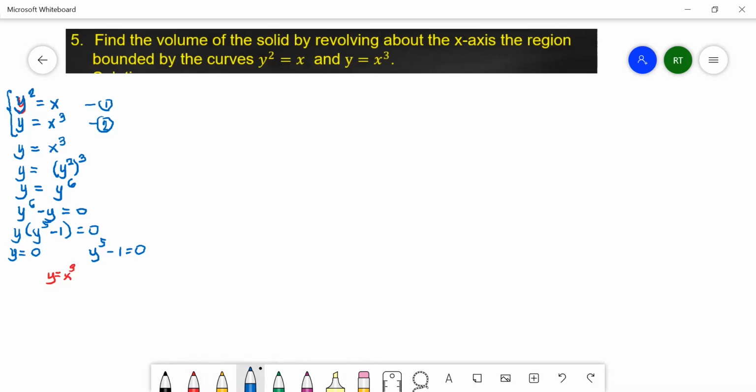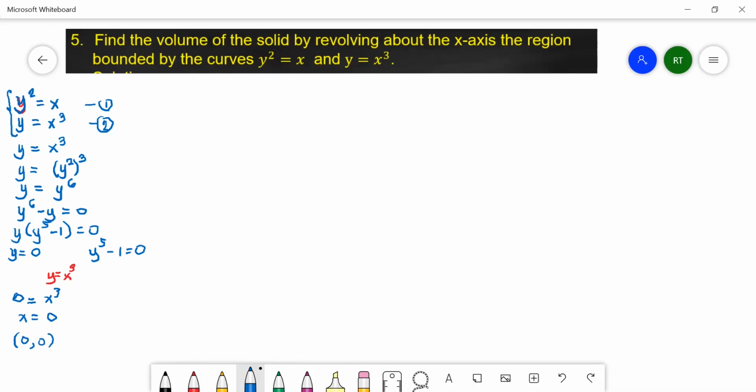And when y is equal to 0, then we have 0 is equal to x cubed. Therefore, this will give us x equals 0 also. Hence, we have the origin as one of the points of intersection, meaning the parabola and the curve y is equal to x cubed will intersect at the origin.